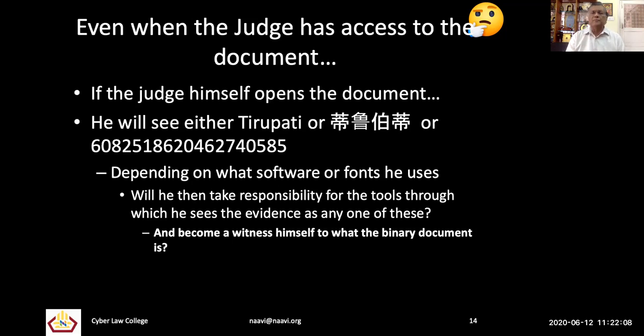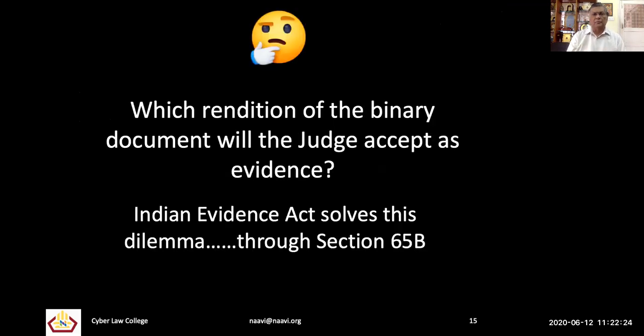In which case, the judge becomes a witness himself and he has to interpret the binary document in whatever fashion he seems to agree with. Therefore, the judge will be under a dilemma of how to accept a binary document as acceptable evidence.